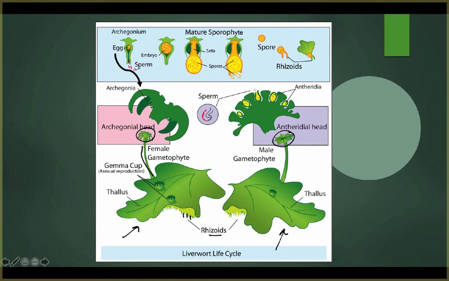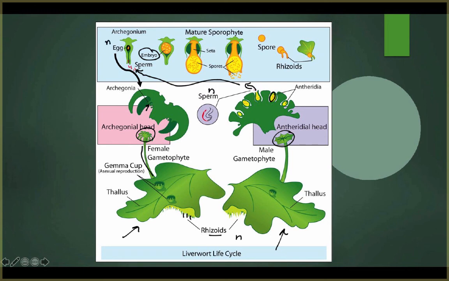Now, what will happen is on the archegonial head, you can see the archegonium is right there. And within this archegonium is where the egg is. Now, the antheridium here holds the sperm, and the sperm will be released here, can flow through air, sometimes water, and it can go into the actual archegonium and fertilize the egg. Once the egg is fertilized, know that sperm and egg are 1N.